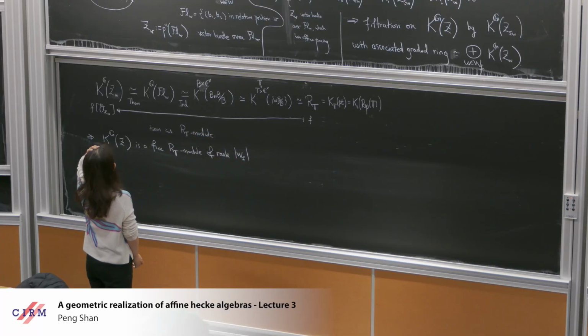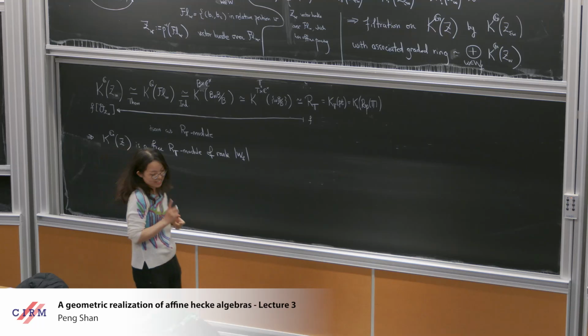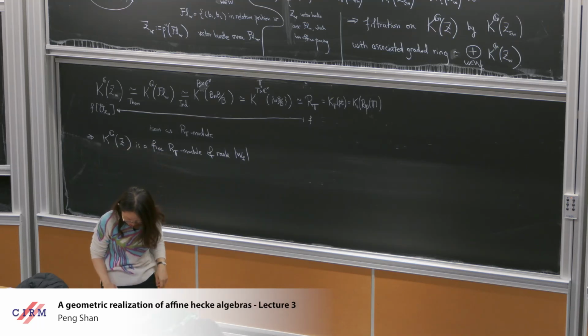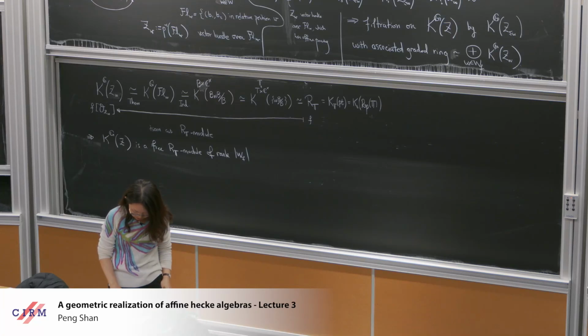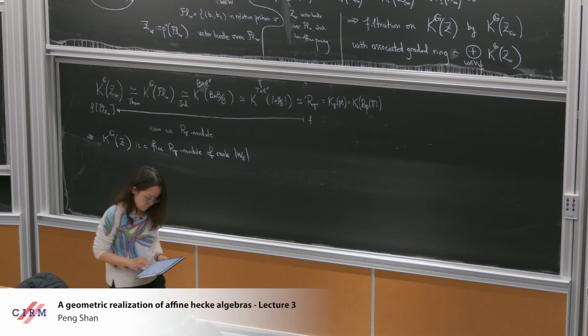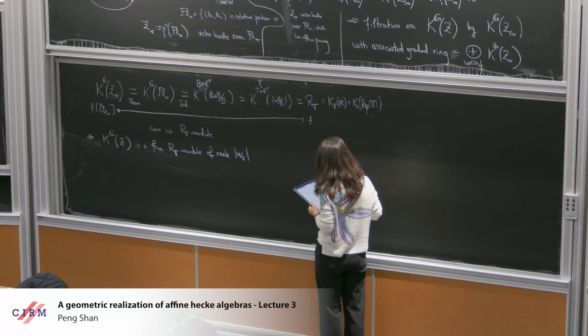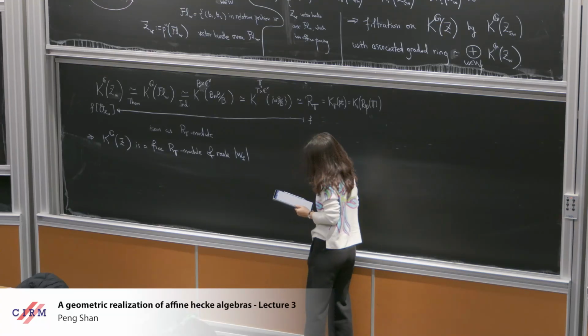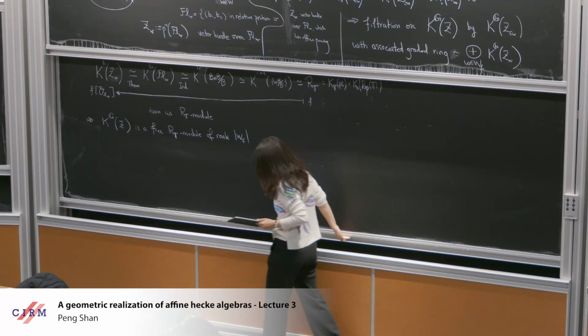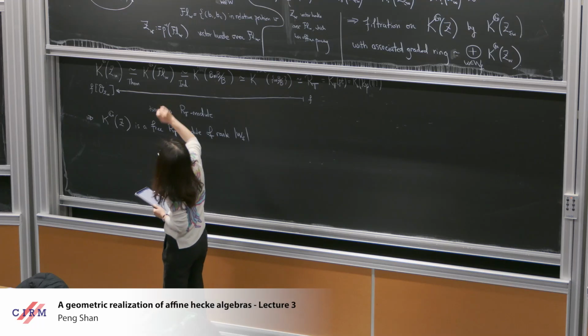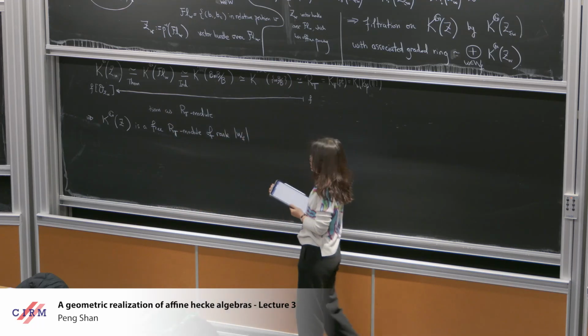Now, I still need another preparation before I go into the proof. I explained last time that we want to identify both algebras using the polynomial representation.